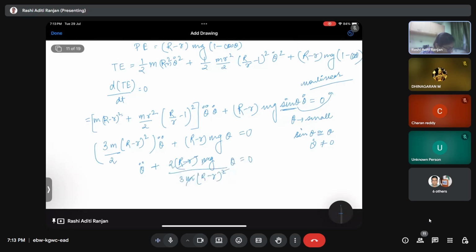This r square will cancel 1 r. So we'll get the final equation as theta double dot plus twice of g divided by 3 times of (capital R minus small r), theta is equal to 0. Again, if we relate it, we are going to get omega n as nothing but under root twice of g by 3 (capital R minus small r).